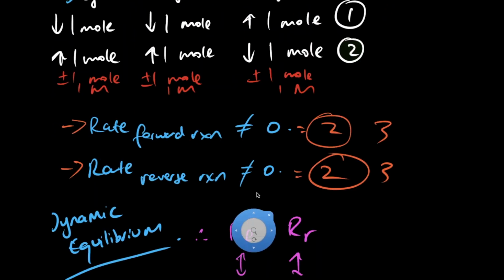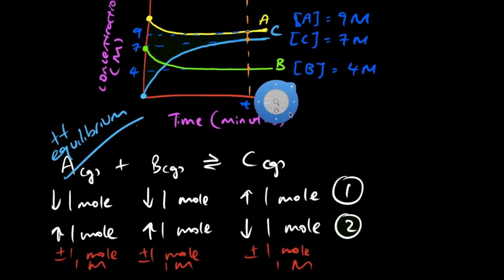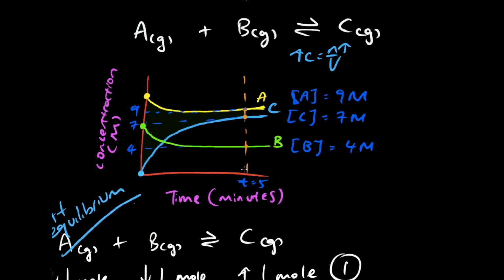We saw it here. A is at 9 moles per liter, C is at 7 moles per liter, B is at 4 moles per liter. These are the concentrations you expect to see when you measure the system.